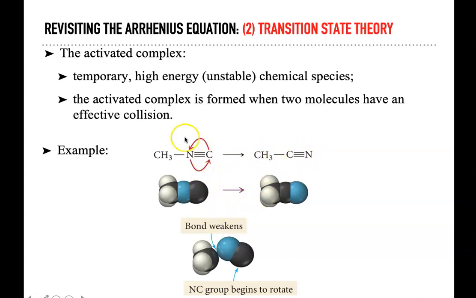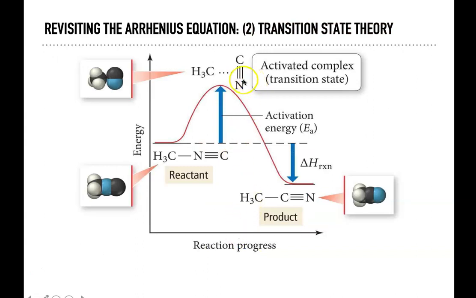When these two molecules collide, the single bond between nitrogen and carbon becomes weakened, and the NC group begins to rotate. Then it is fully rotated. A new single bond is formed between carbon and carbon, forming methyl cyanide, the product. This is the energy diagram of this reaction.